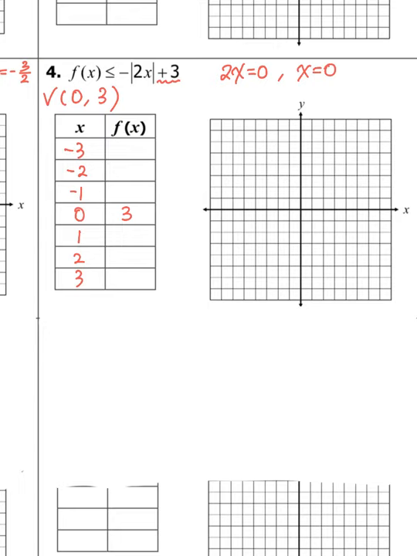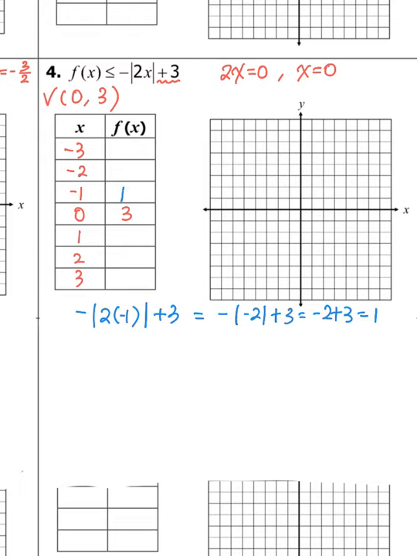And plug in each x value and find our y value. 2 times negative 1, absolute value, plus 3: that will give negative 2 plus 3, which will be positive 1.